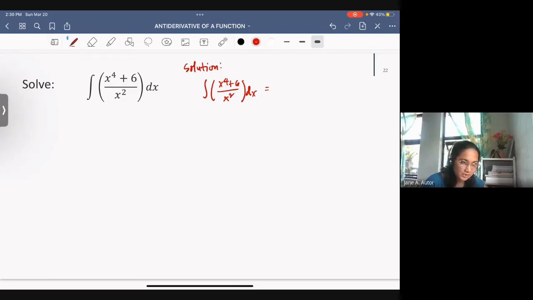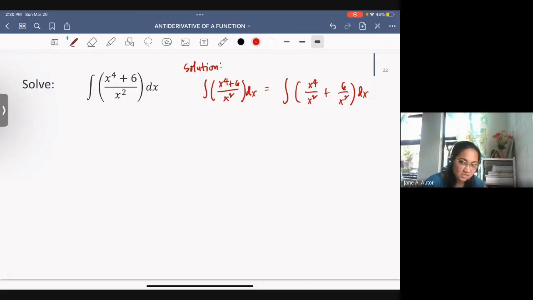What we're going to do is to expand x raised to 4 divided by x squared plus 6 over x squared. So we'll have the integral of the quantity x raised to 4 over x squared plus 6 over x squared dx. Okay, we just expand the rational expression.